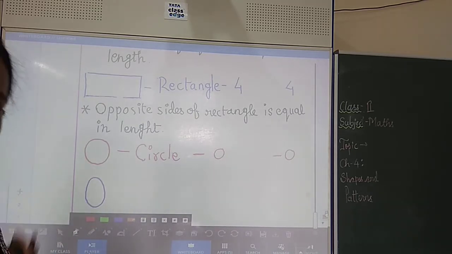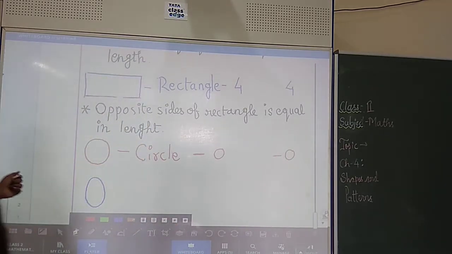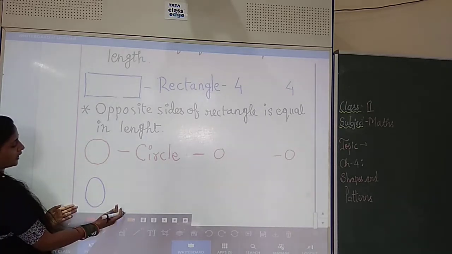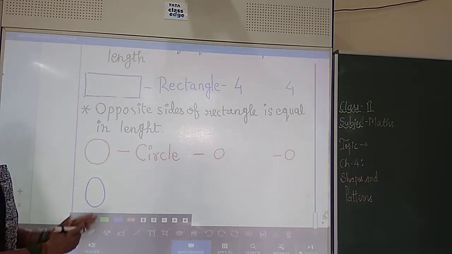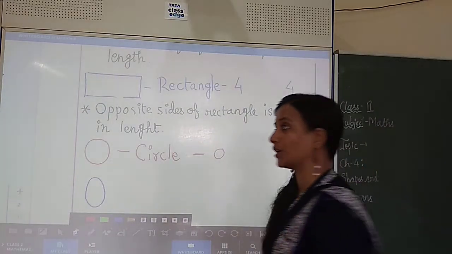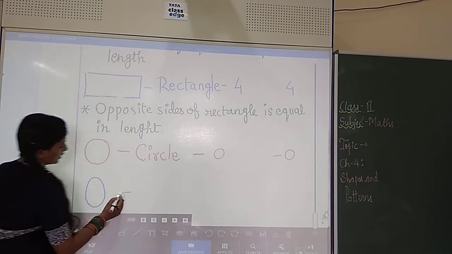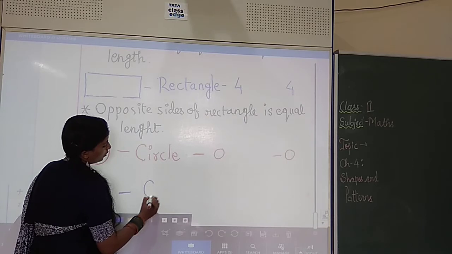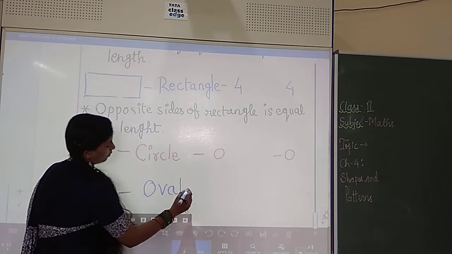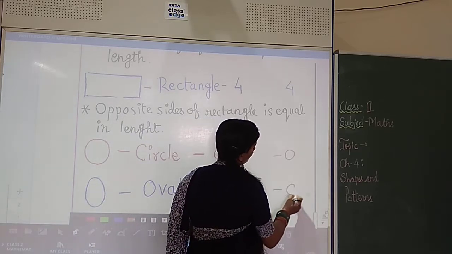This is also round shape, but this is one pole broad and one pole narrow. That is oval. What is it? Oval. Oval is the shape of egg. If you have seen egg is also in shape of oval. So O-V-A-L, oval. There is also 0 sides and 0 corner.